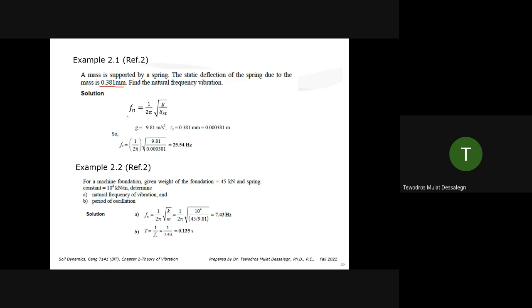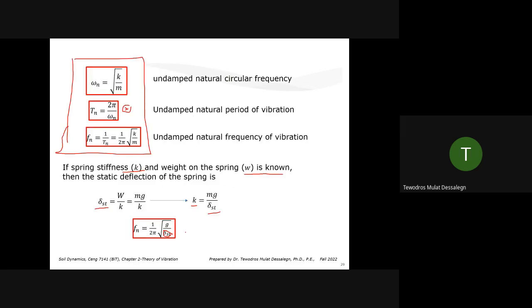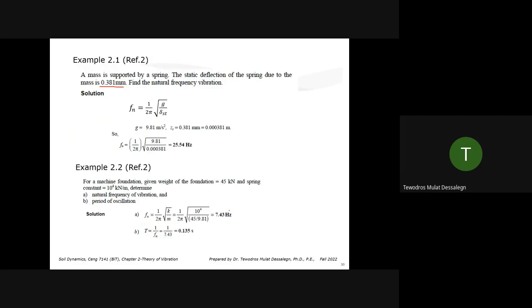The natural frequency of vibration is 1 over 2 pi times the square root of g, which is the gravity of Earth, by the static displacement. We just derived that equation. Plug that number in, you'll find 25.54 hertz. These are examples in your references. This is example 2.1, reference 2. If you go to those references, you'll find all these examples.